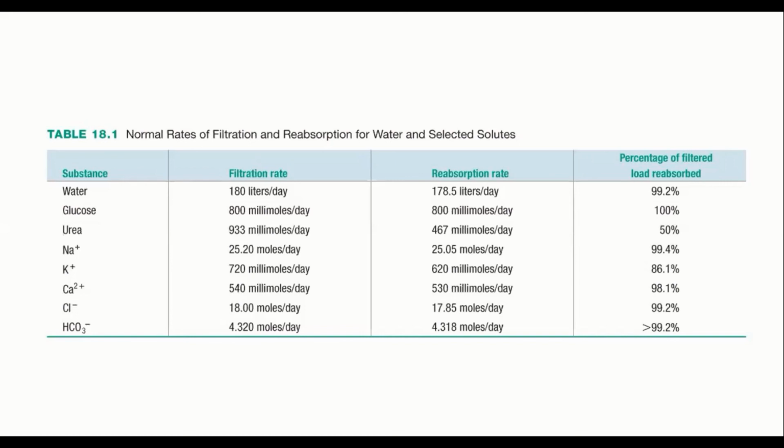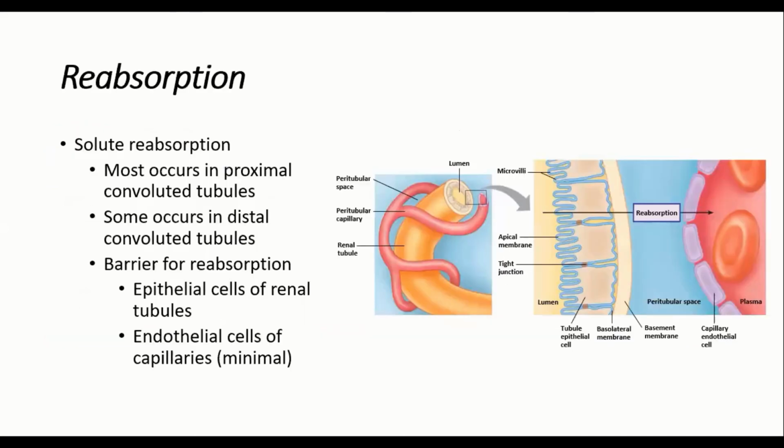So all of these things are in the filtrate because everything comes out of the blood except for proteins. So none of these things are proteins, right? But we have our ions, we have water, we have glucose, we have urea coming out of the plasma and moving into that initial part of the nephron. But we really want a lot of that stuff to stay in the blood.